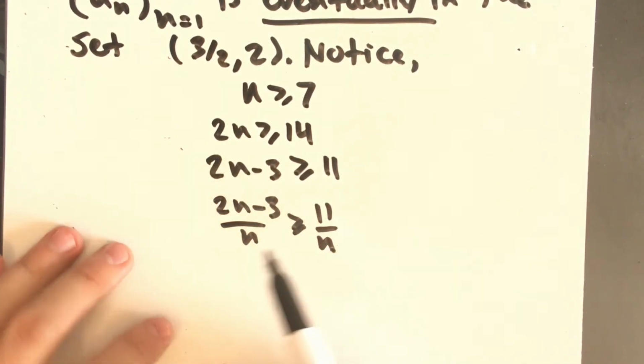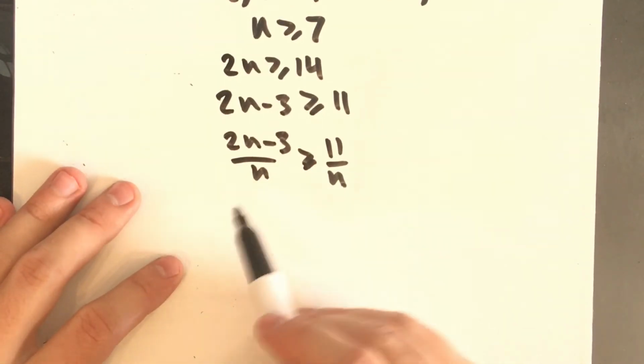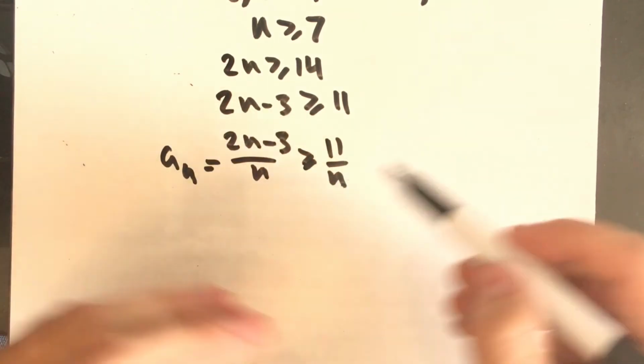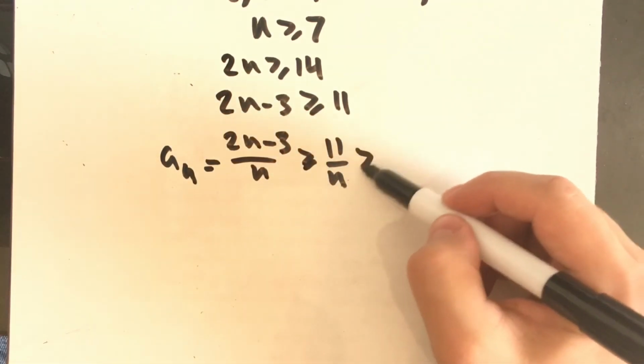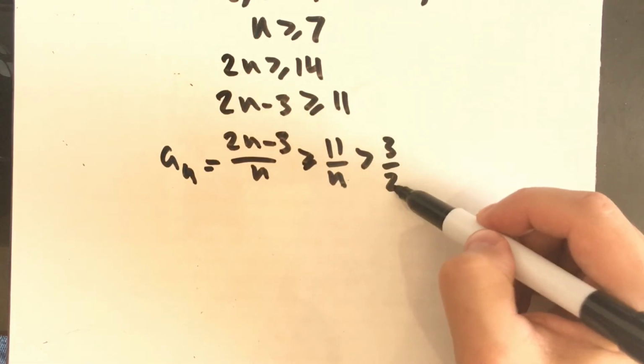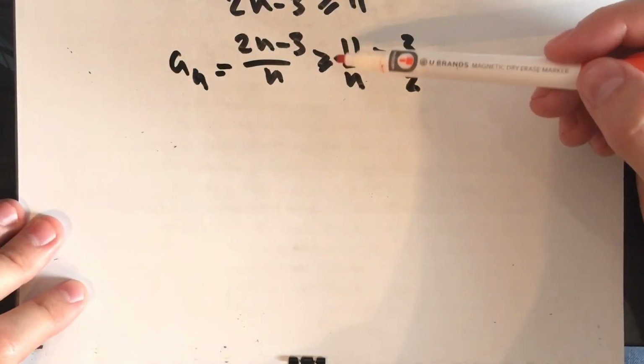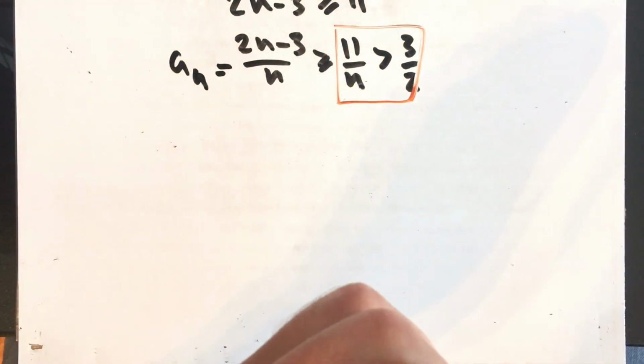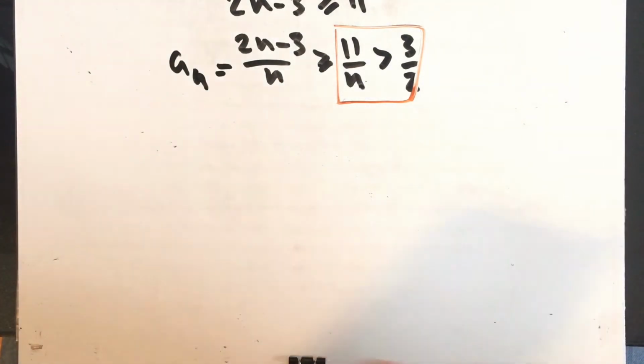And notice that we have our a sub n on the left-hand side of the inequality. And on the right-hand side, we could claim that this is strictly greater than 3/2. But why is this true? Let's direct our attention to this inequality in the box here. Now, you don't have to include this in the proof. This is just an explanation.